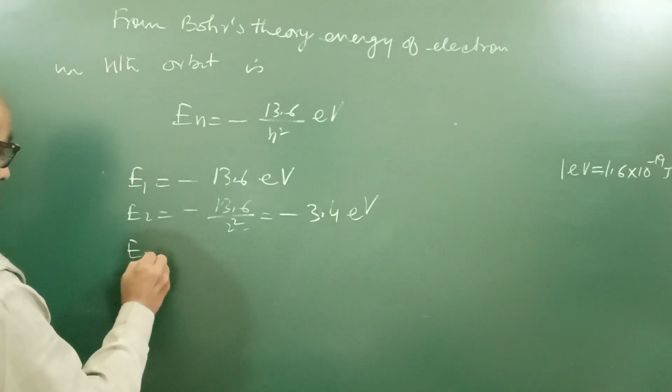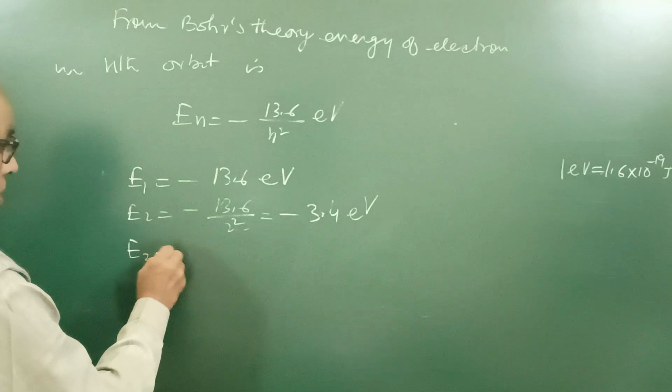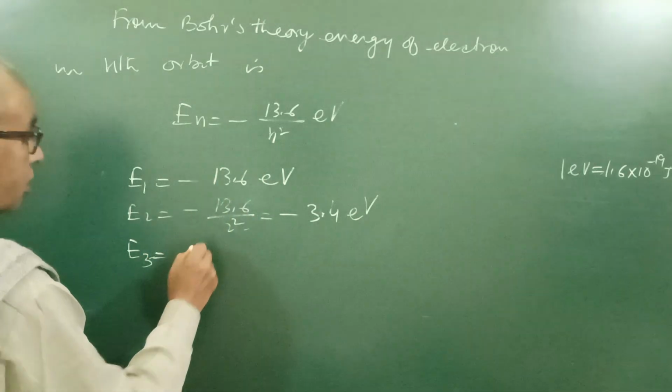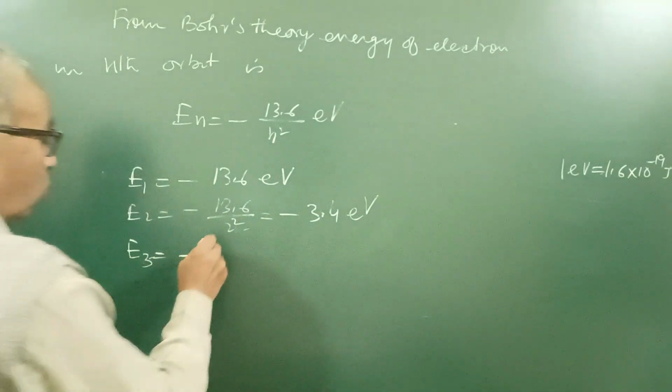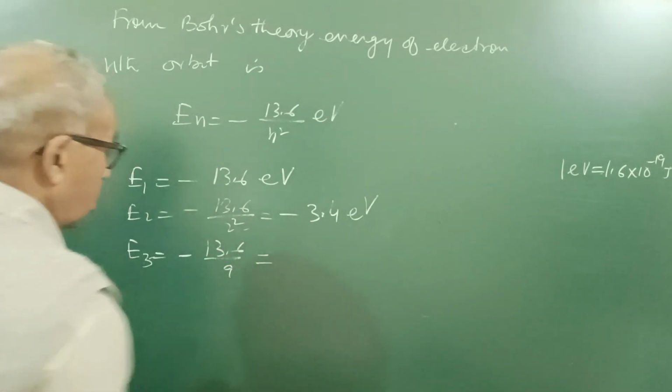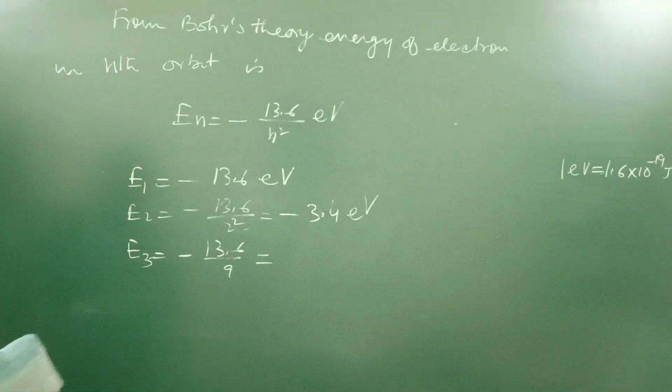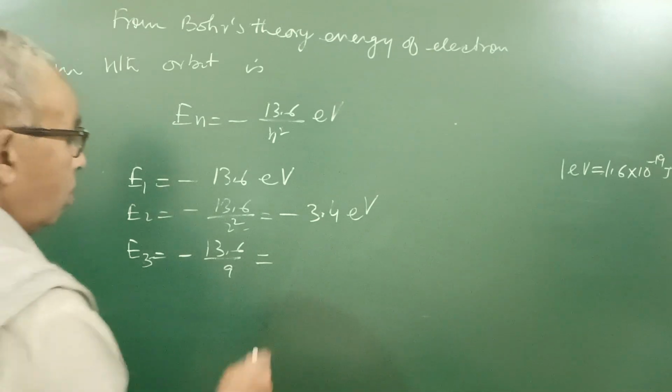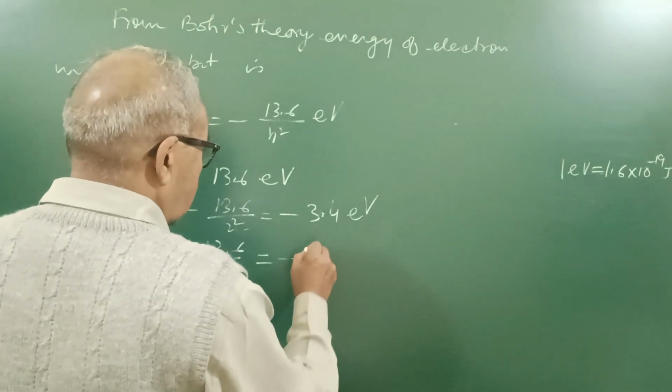E3 is minus 13.6 upon 9, nearly minus 1.5 electron volt.